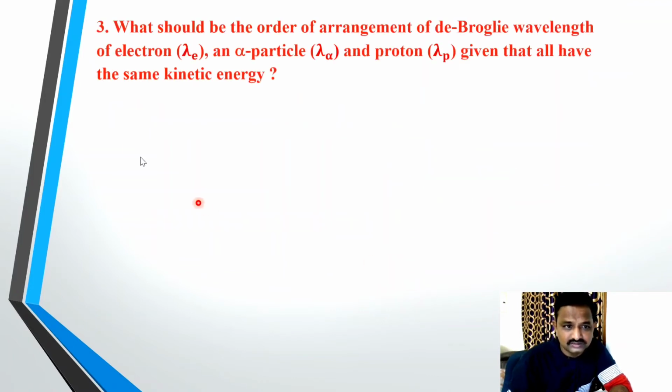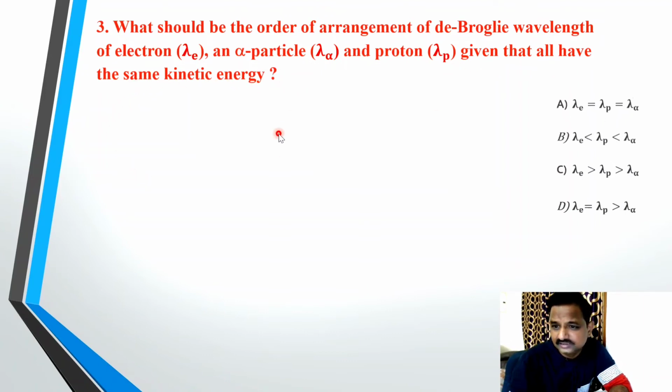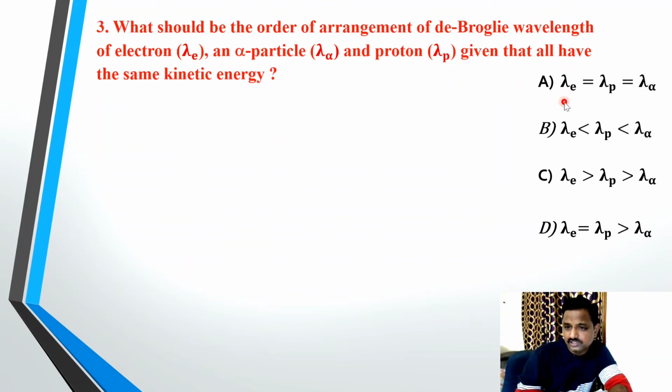Now the third question. What should be the order of arrangement of de Broglie wavelength of electron lambda e, alpha particle lambda alpha and proton lambda p, given that all have the same kinetic energy? Here are the options: option A, wavelength of electron is equal to wavelength of proton is equal to wavelength of alpha.